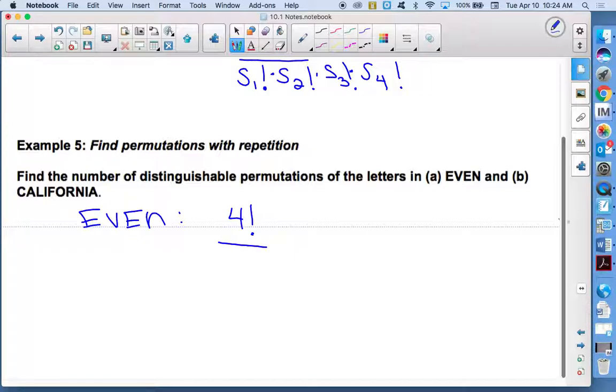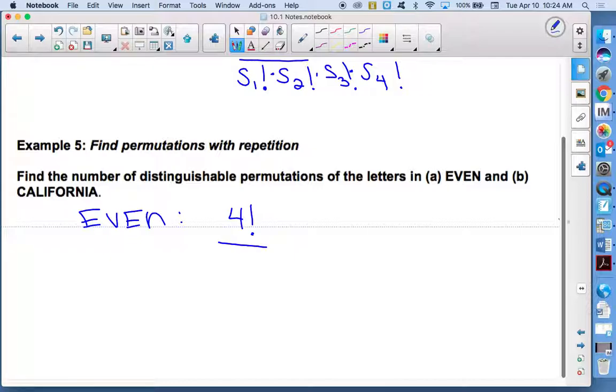So Sam, are any of the letters in the word even repeated? Which letter is repeated? I'm sorry, I caught you off guard here. What letter in the word even is repeated? What letter?